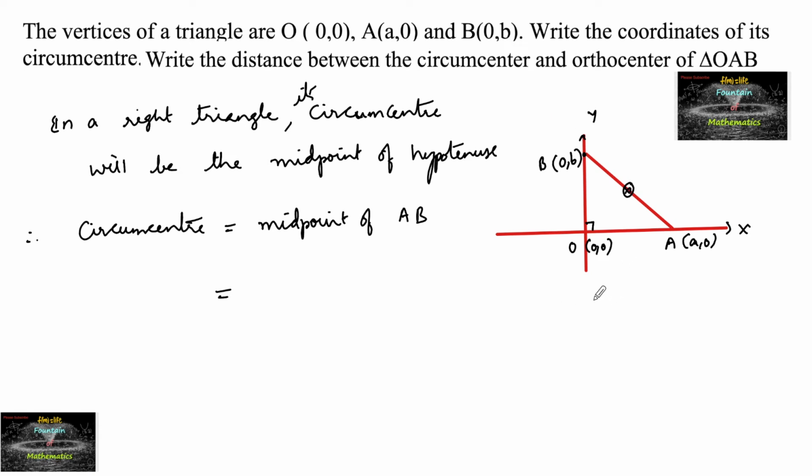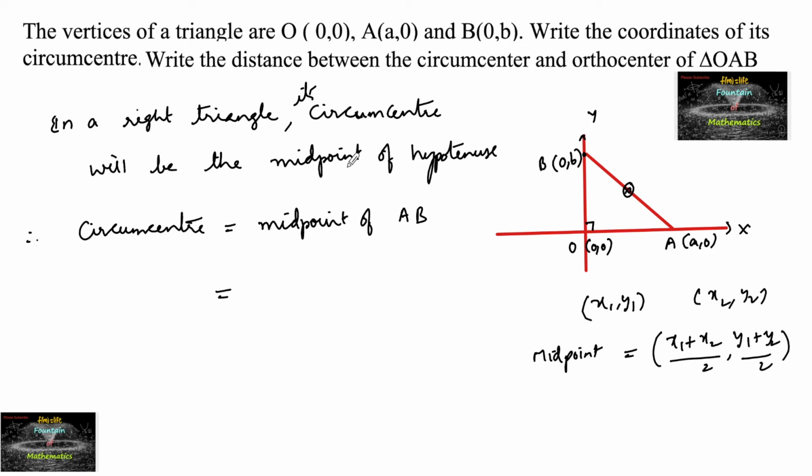Since we know the midpoint for any two points (x1, y1) and (x2, y2) is ((x1 plus x2) by 2, (y1 plus y2) by 2). So here (a, 0) and (0, b). So we can write (a plus 0) upon 2, (0 plus b) upon 2, which is a upon 2, b upon 2. This is the circumcenter.